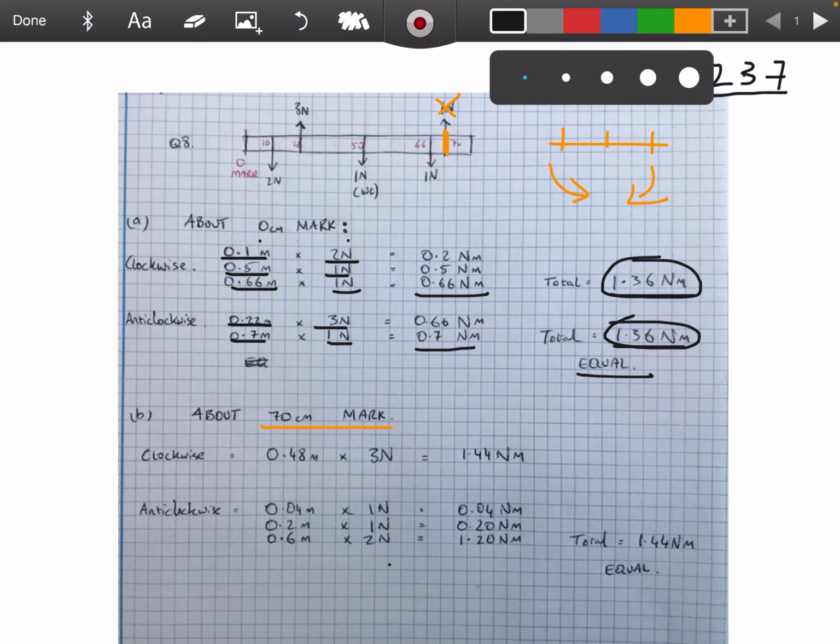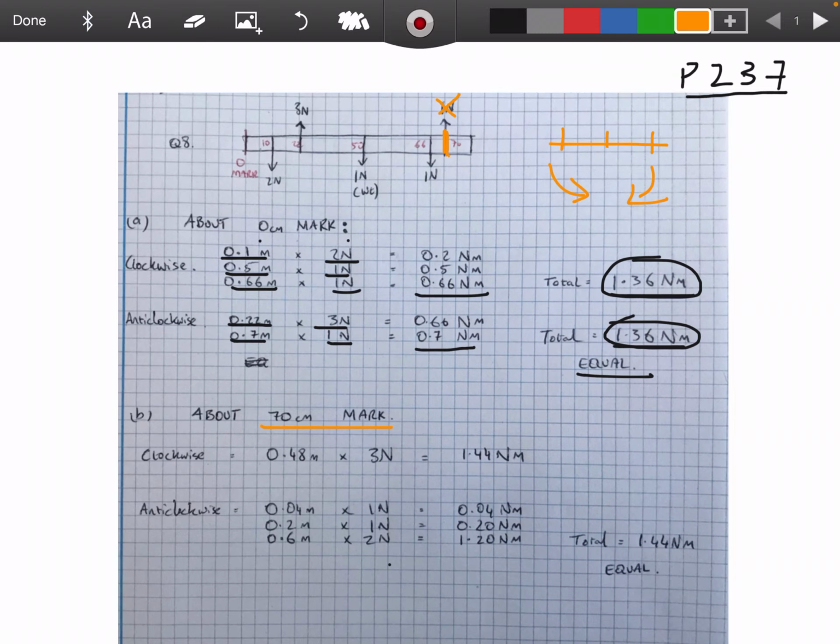So you can see at the 70 centimetre mark, which I've marked in gold here, I've got my clockwise moments. Which of the weights, I've only 4 now I'm looking at, 1, 2, 3, 4, which of those 4 do I need to think about moving clockwise in comparison to my turning point? So which ones are going clockwise?